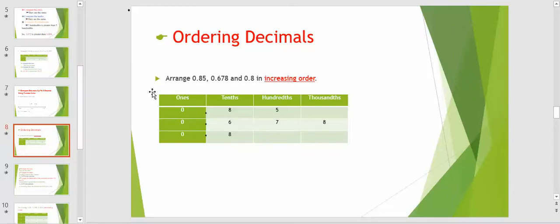So let's go together. Arrange 0.85, 0.678, and 0.8 in increasing order. Increasing order means we rank from the smallest to the greatest.